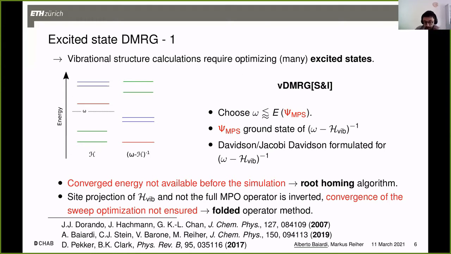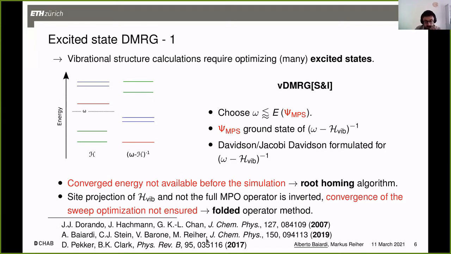And our first approach to solve this problem was to apply the so-called shift and invert technique to map the Hamiltonian to an auxiliary operator, where the ground state is now the excited state which is closest to a shift parameter that we use to map the Hamiltonian.